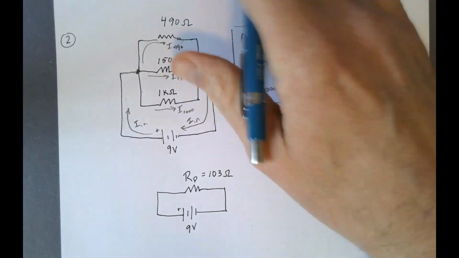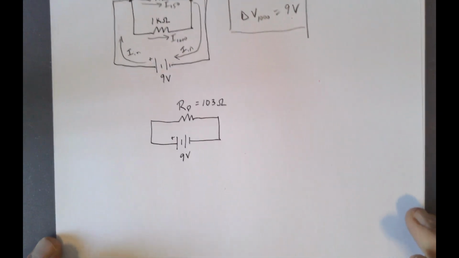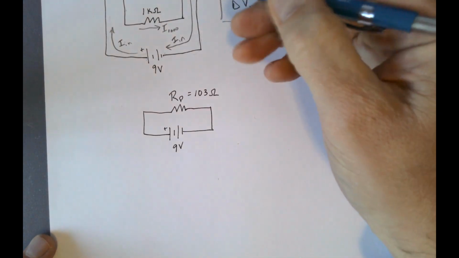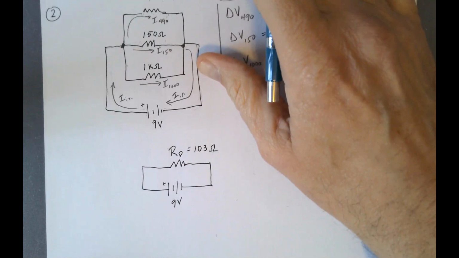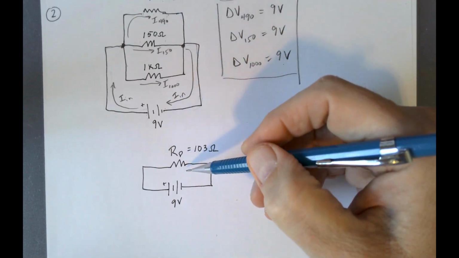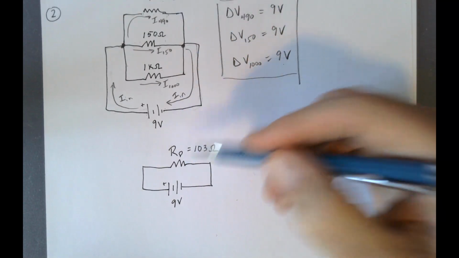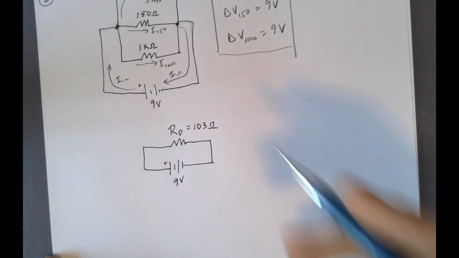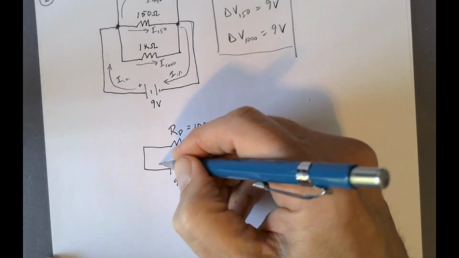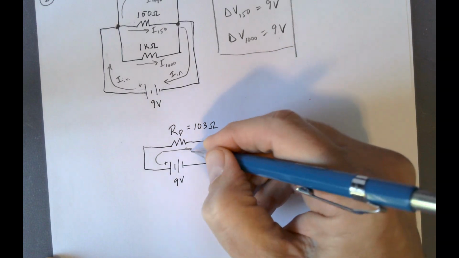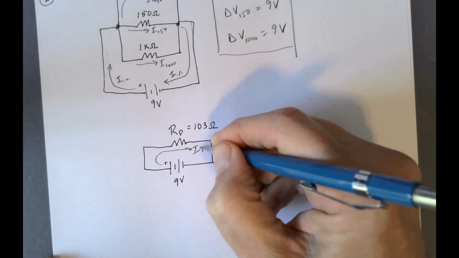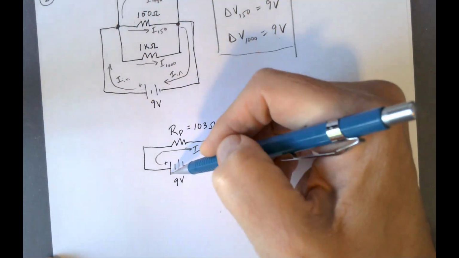But how many amps, how many milliamps is there? So what you have to do is compress this big circuit down to an equivalent resistance here, RP, a resistance in parallel. And again, we're going to calculate the current going through this. So this would be our I_N, the current going into our resistor.